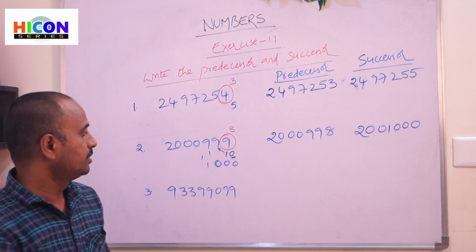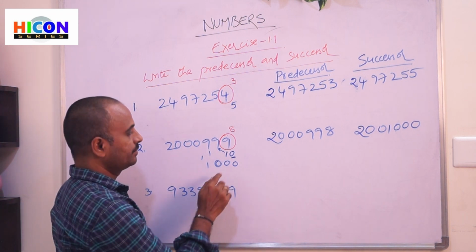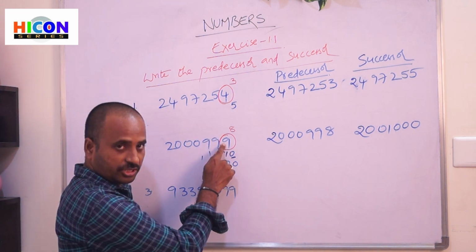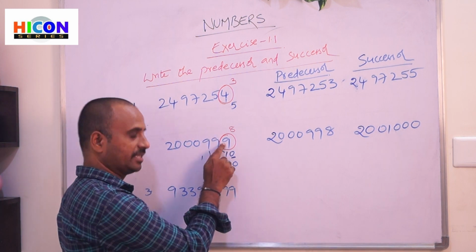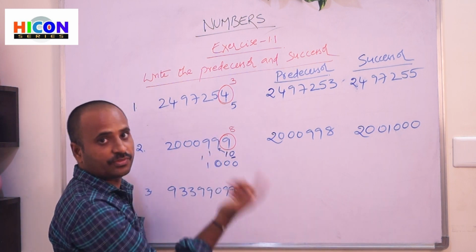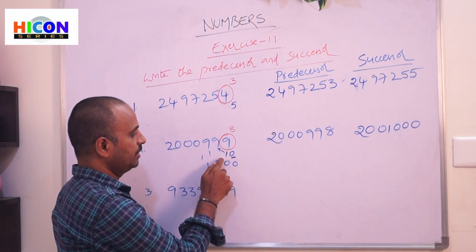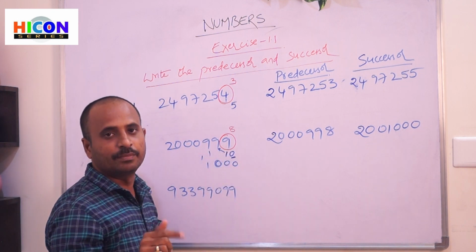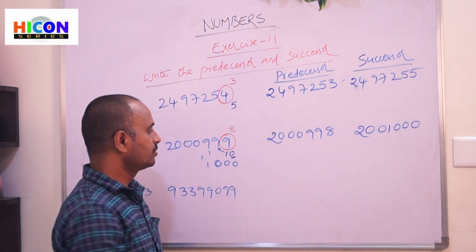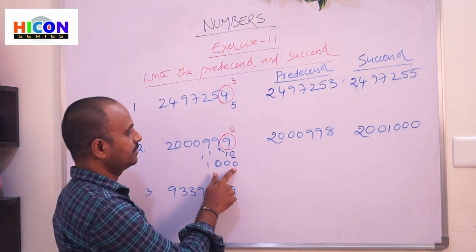So children, look at this carefully. The last digit is 9. So write its after number. After 9 we will get 10. That means there are no ones, so I put 0 in the ones place.